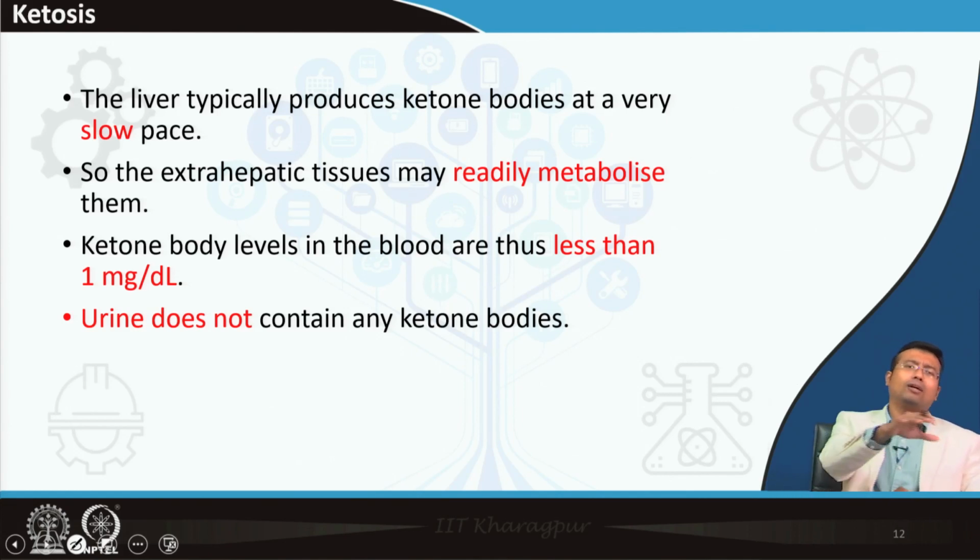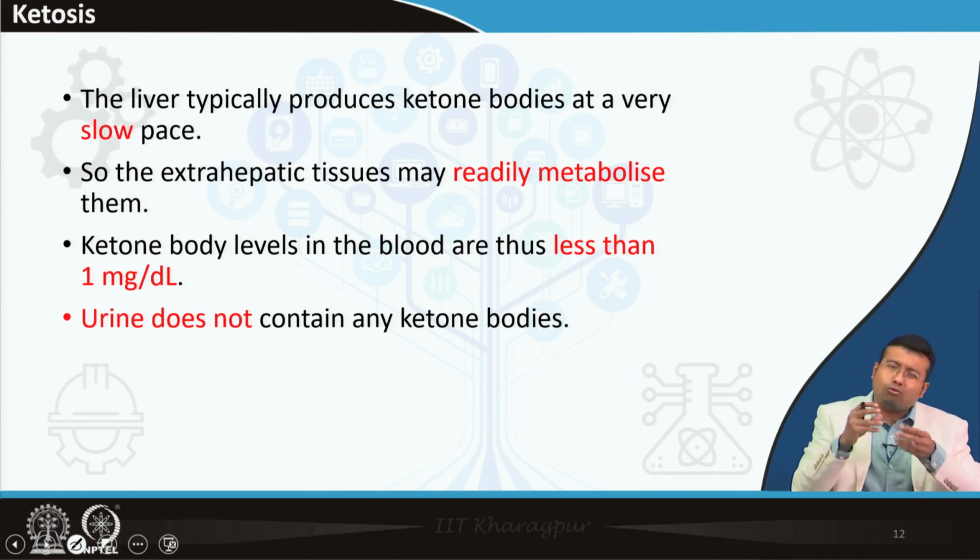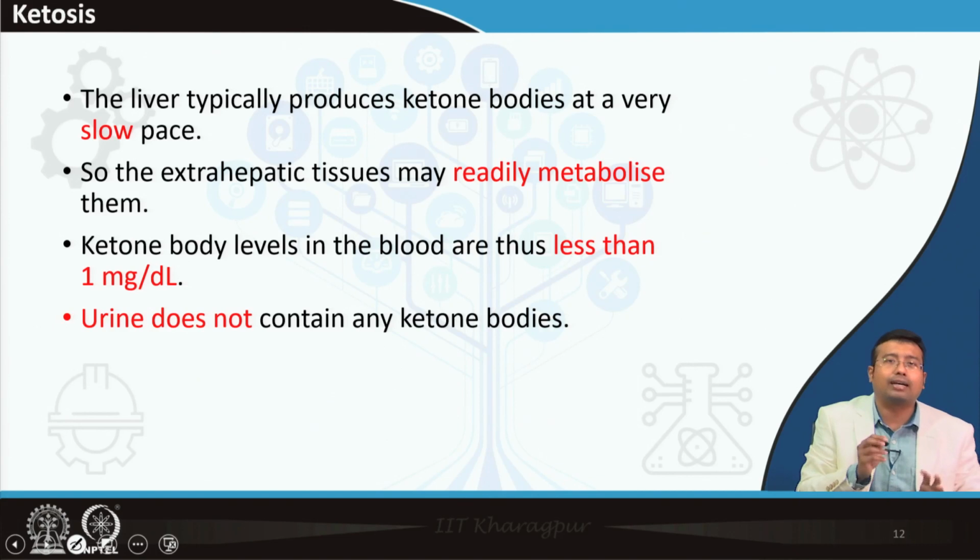Now, considering the normal scenario, what happens in usual cases: the liver very slowly produces ketone bodies at its own pace, so that whatever amount is present, the extrahepatic tissues can easily metabolize them. And that is why the amount of ketone body in blood is very low.